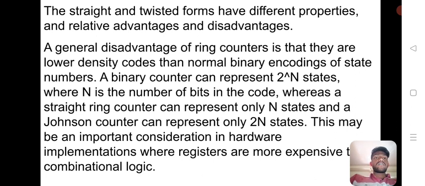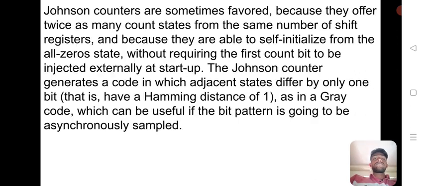A binary counter can represent 2^n states, where n is the number of bits in the code, whereas a straight ring counter can represent only n states and a Johnson counter can represent only 2n states. This may be an important consideration in a hardware implementation where registers are more expensive than combinational logic.